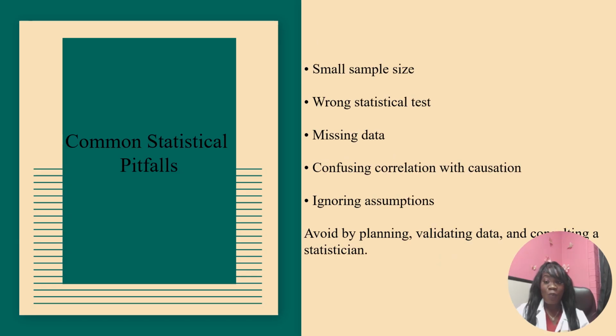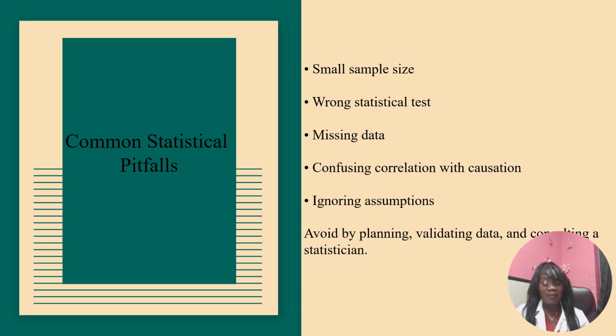Several statistical problems can weaken a DNP project. A small sample size may limit the ability to detect meaningful differences. Selecting the wrong statistical test can lead to inaccurate conclusions. Missing data may also affect the reliability of the results. Another common problem is assuming that correlation proves causation.